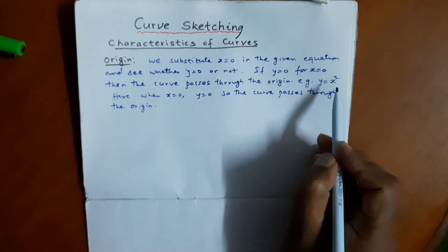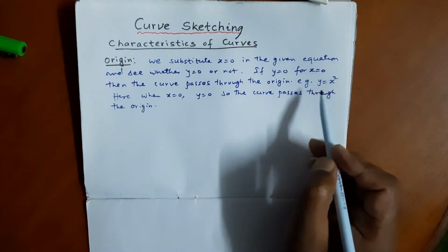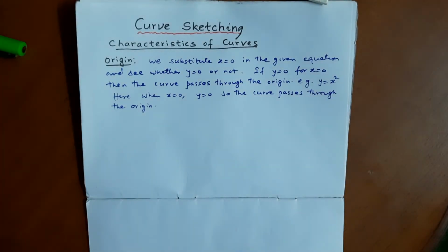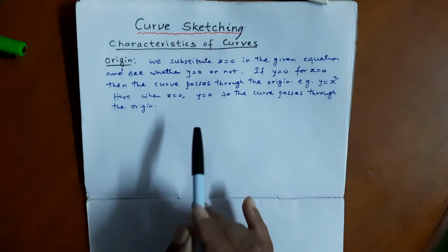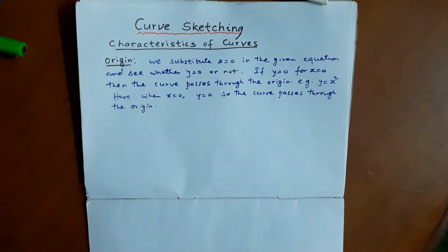Okay, so here x equals 0, y also 0, so the curve passes through the origin. So this is one characteristic of the curve. We need to check it before starting to plot.